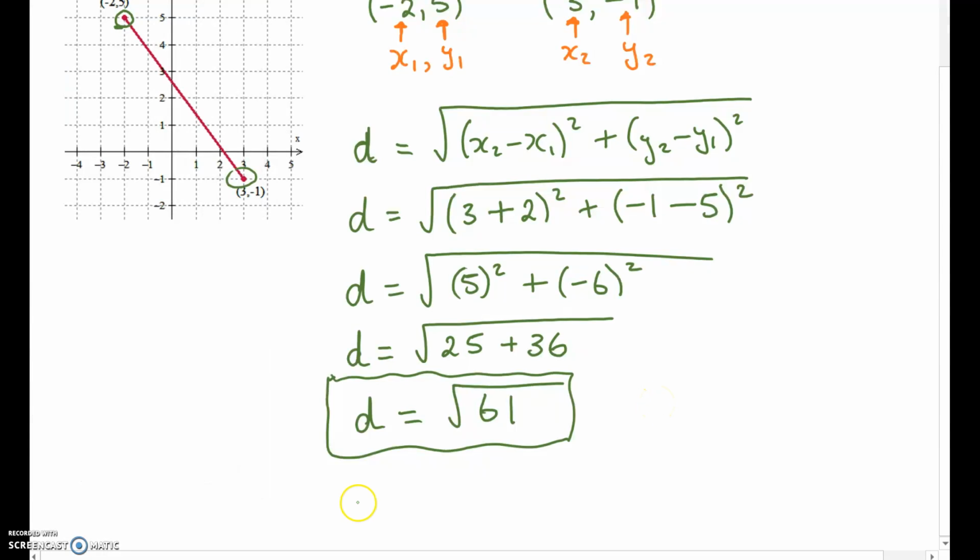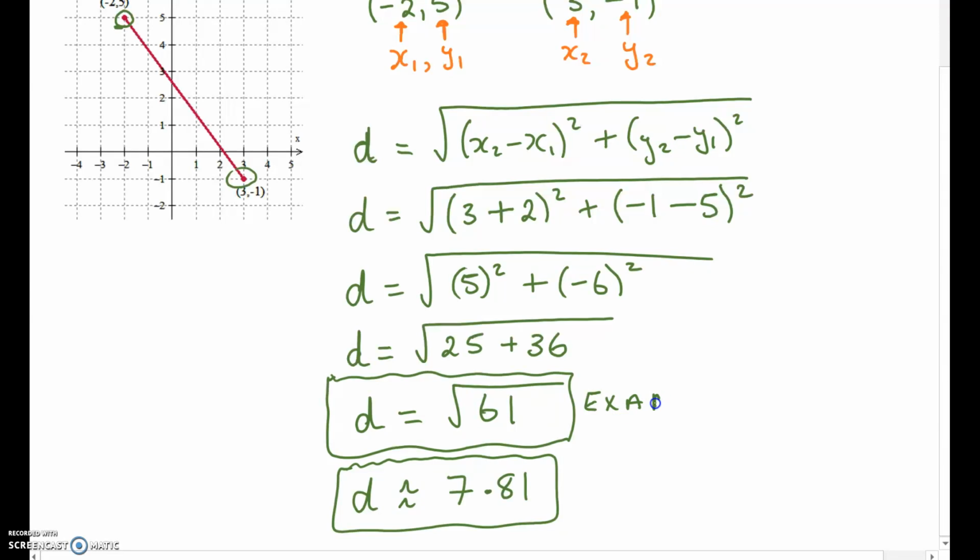Okay, so d is approximately equal to 7.81. So that's the exact, and this is approximate. If you're in any doubt as to which is required, probably you should give both.